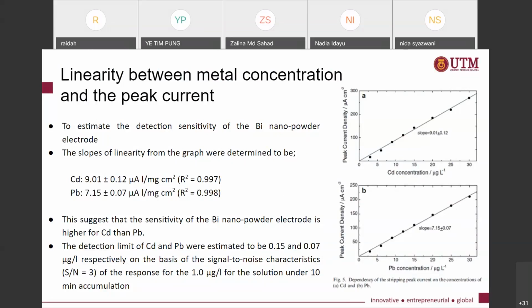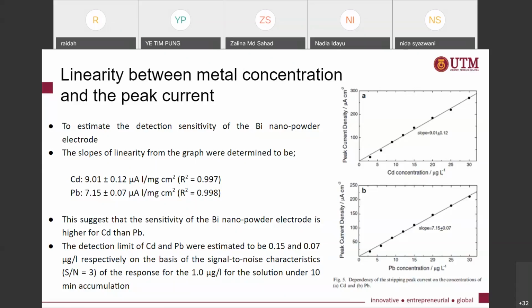The slopes of linearity were determined to be 9.01 plus minus 0.12 microampere liter per microgram centimeter square for cadmium with a correlation coefficient of 0.997, and 7.15 plus minus 0.01 microampere liter per microgram centimeter square for lead with a correlation coefficient of 0.998.